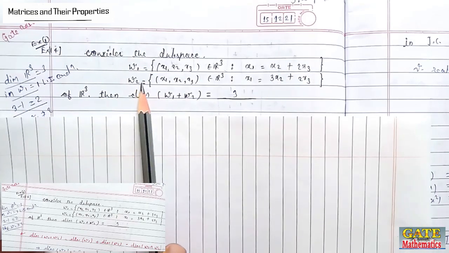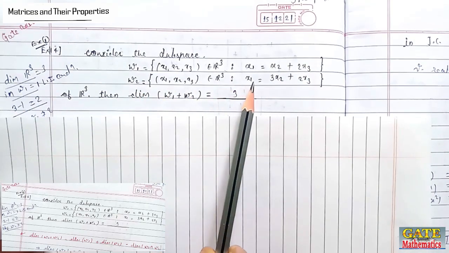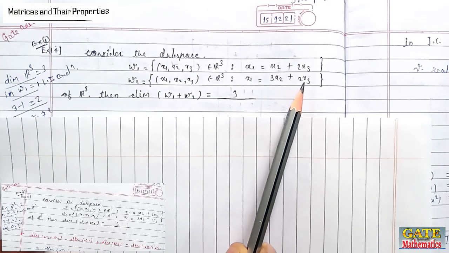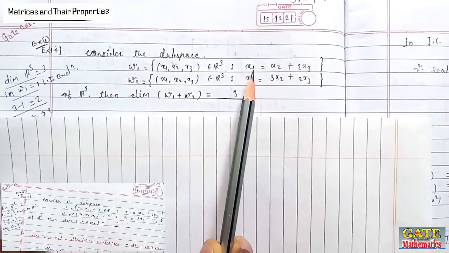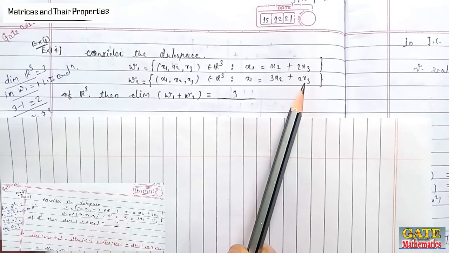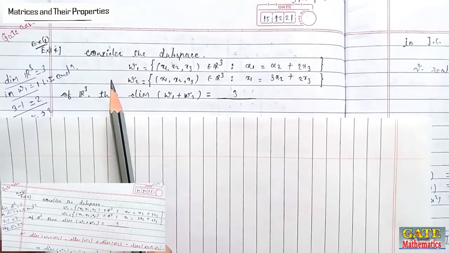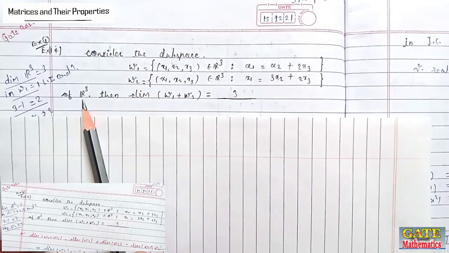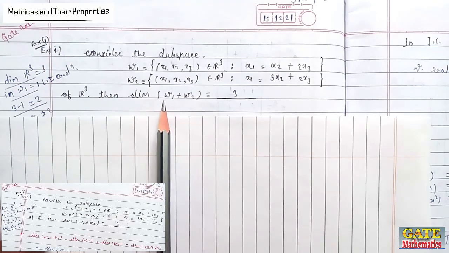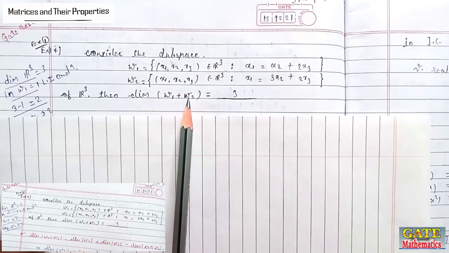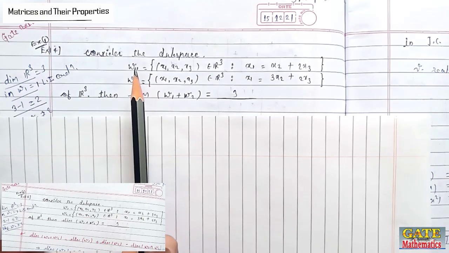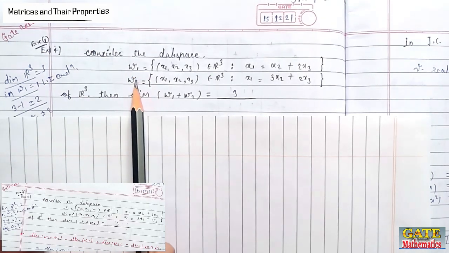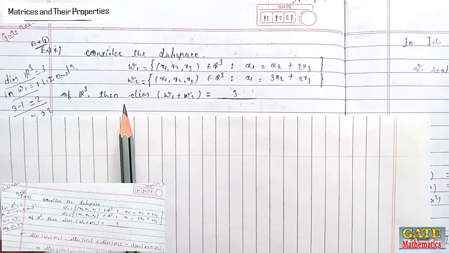Similarly for W2, x1, x2, x3 from R3, where x1 is written as 3x2 plus 2x3. These are two subspaces of R3, and we have to find the dimension of W1 plus W2, that means the dimension of the first subspace plus the second subspace.